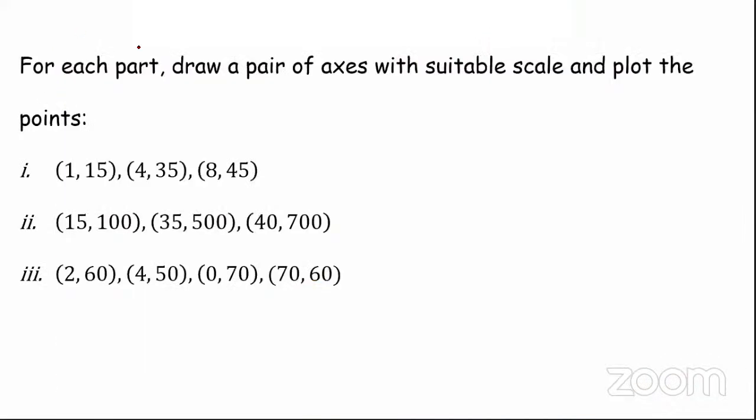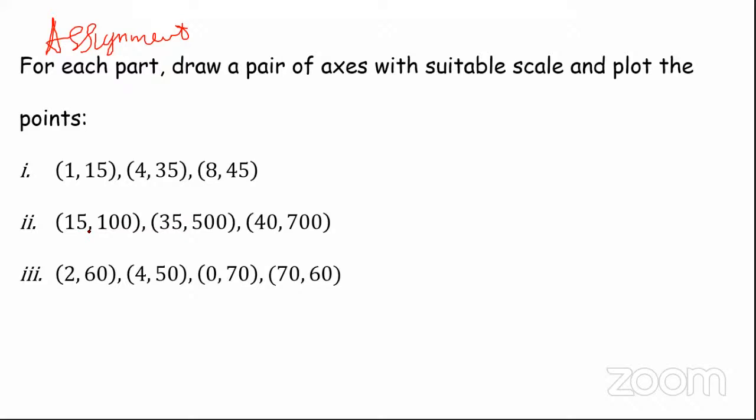Then after that, this is going to be our assignment for today, but I'm going to send it in the WhatsApp group. So we are supposed to plot the points 115, 435, and 845 using a very appropriate scale.